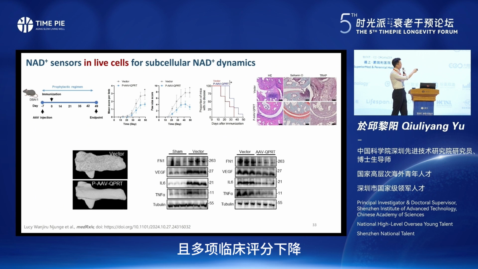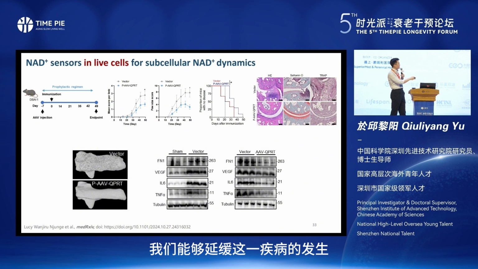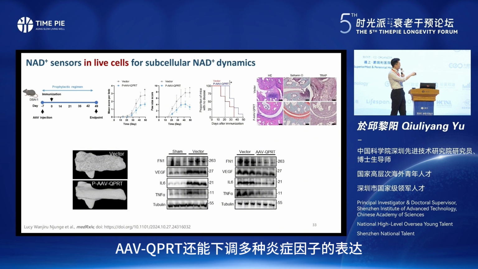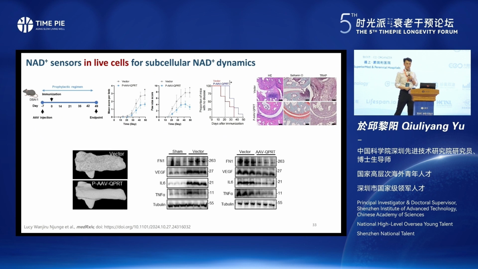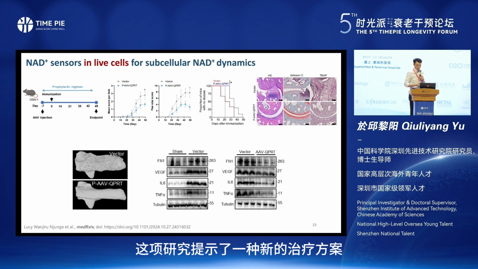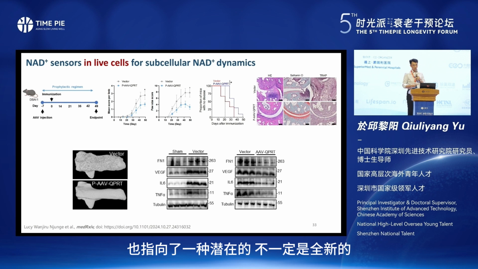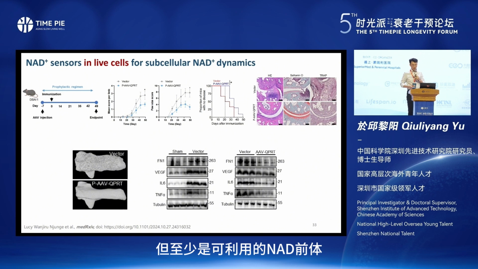Many of the clinical scores went down, so we can delay the onset of the disease, and we can indeed show that here the AAV-QPRT downregulates many of the inflammatory cytokines. So this hints at a therapeutic regime, and also at potentially new, well, not necessarily new, but exploitable precursors for NAD supplementation.